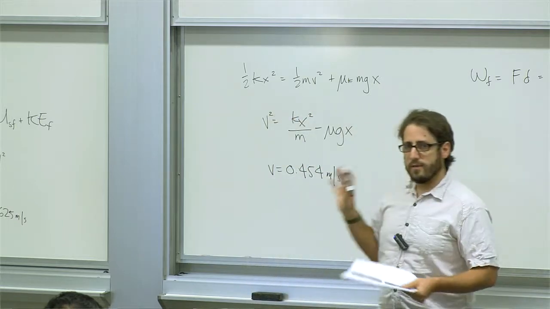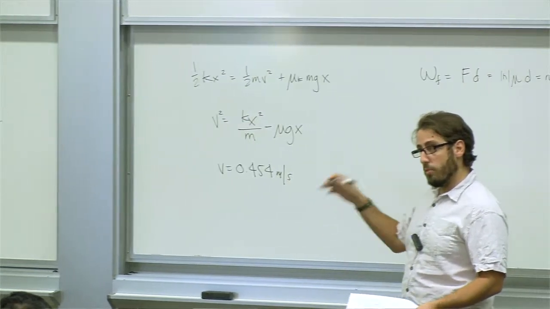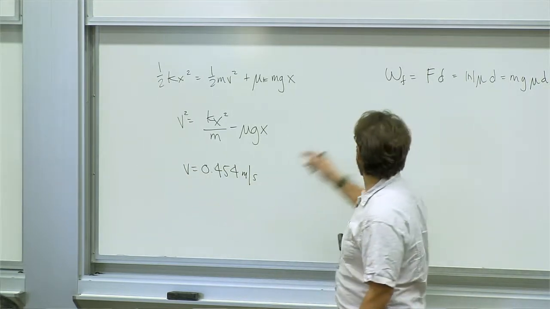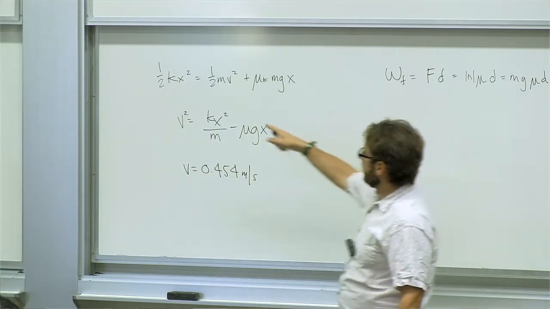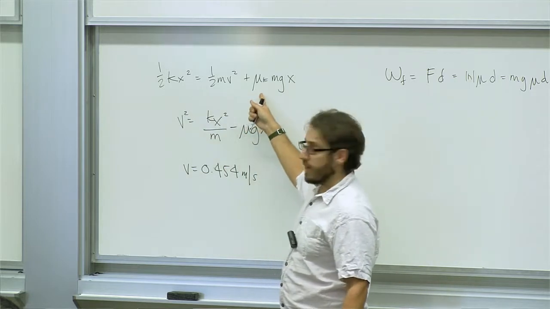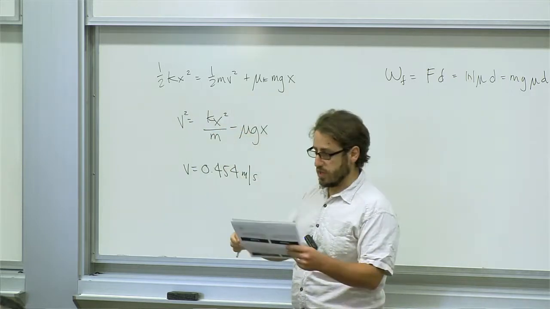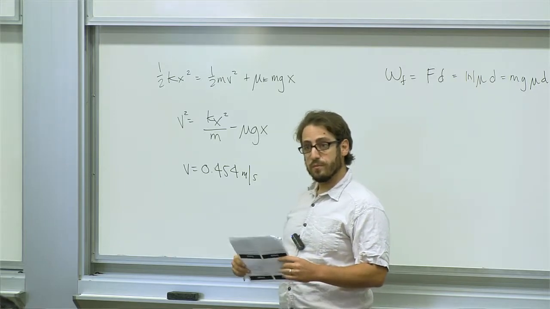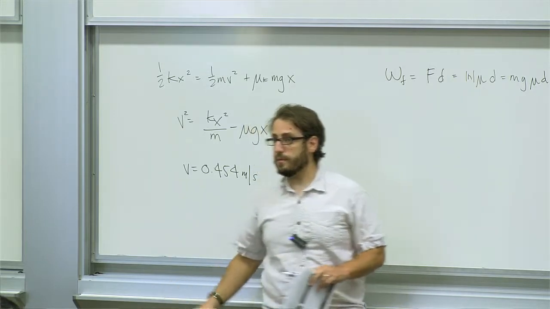Okay, so we have a different model here. It starts with almost the same setup, but then they changed the universe we're working in so that there's friction. So we had to write a different initial and final energy equation to add another term because the universe had changed out from under us. Okay, questions about that one?